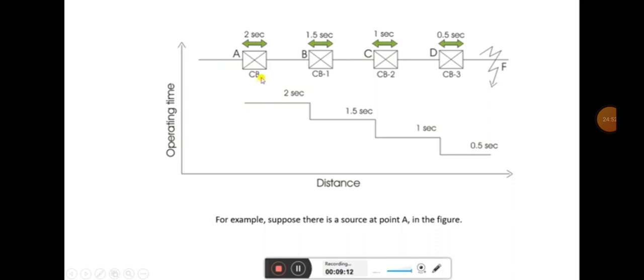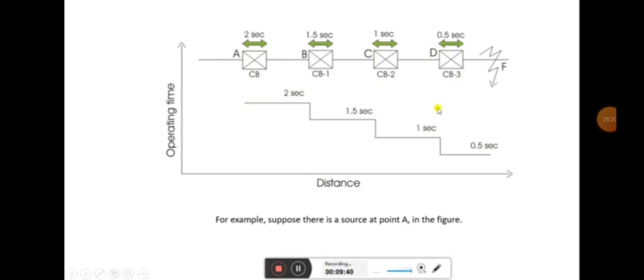Let us say there are different circuit breakers connected along a span of the transmission line. This is the A circuit breaker, this is the B circuit breaker CB1, at place C the CB2 circuit breaker, and at place D the CB3 circuit breaker is mounted.